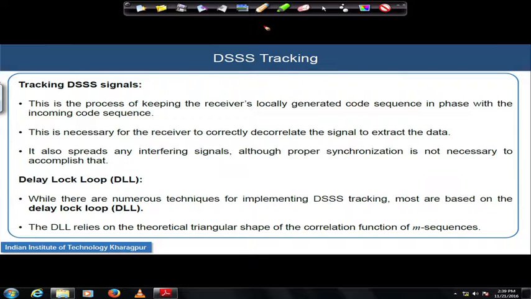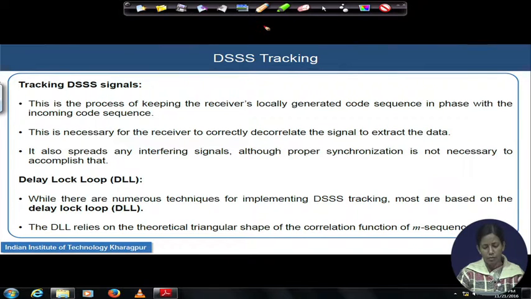The most promising and famous circuit for direct sequence spread spectrum tracking is the delay lock loop. We call it the DLL circuit, and there are several techniques that implement direct sequence spread spectrum tracking, but this is the most popular one. It relies on the fact that M sequences always give a triangular shape after correlation.